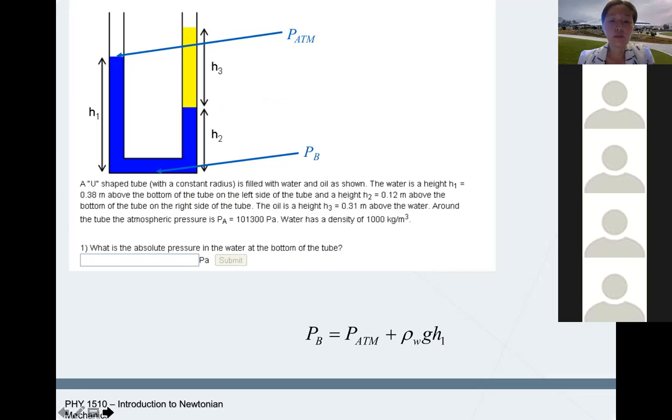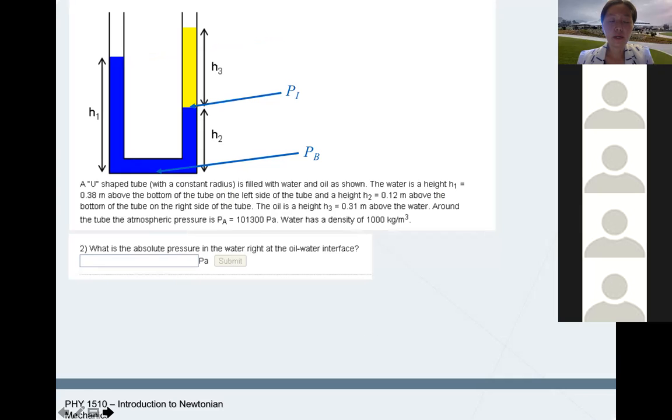So the pressure at the bottom is the pressure of the atmosphere plus the density of the water times g times H1. I'm using the left-hand side, but it doesn't matter if I use the left-hand side or the right-hand side, because they're going to give you the same result, because it's both at the bottom.